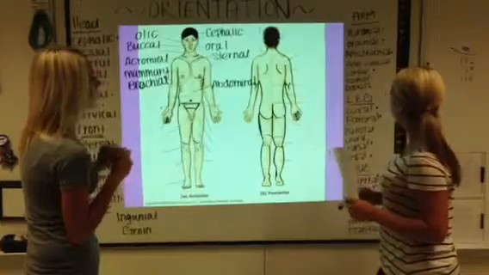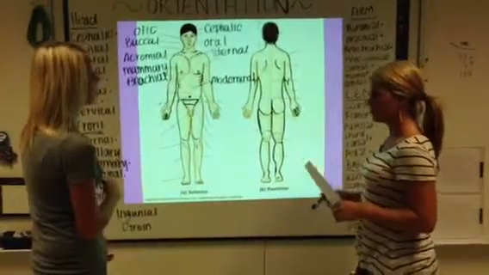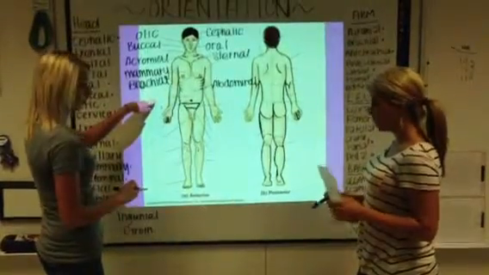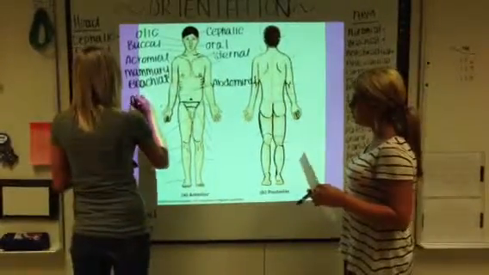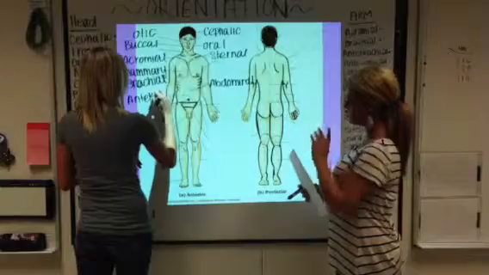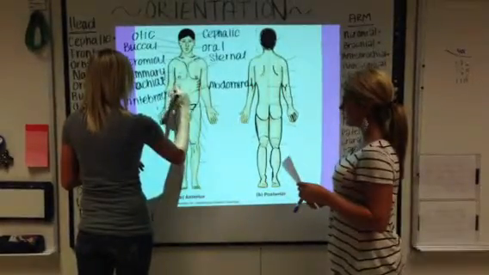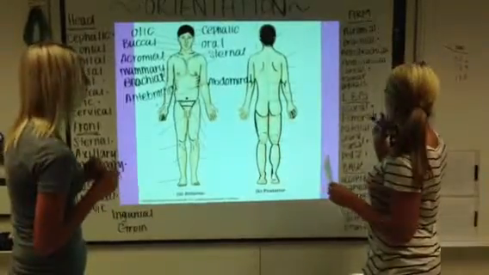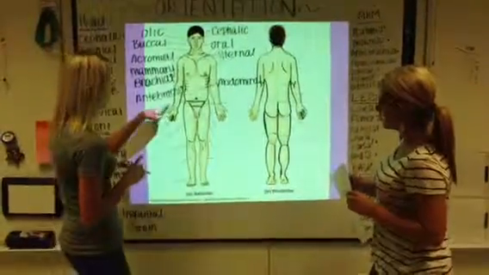And then the antebrachial is the forearm. I just remember that it's under the brachial. That's probably going to be the easiest one because you can just remember it's brachial and antebrachial, under. Carpal, that one's kind of hard. That's your wrist.